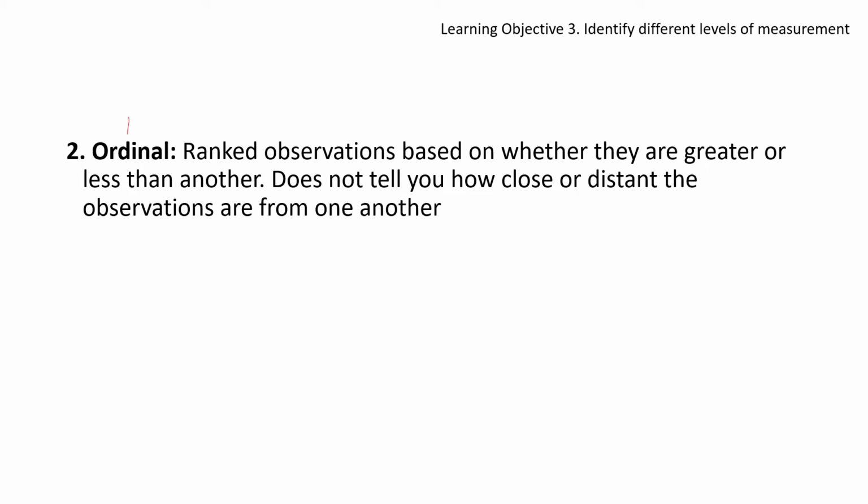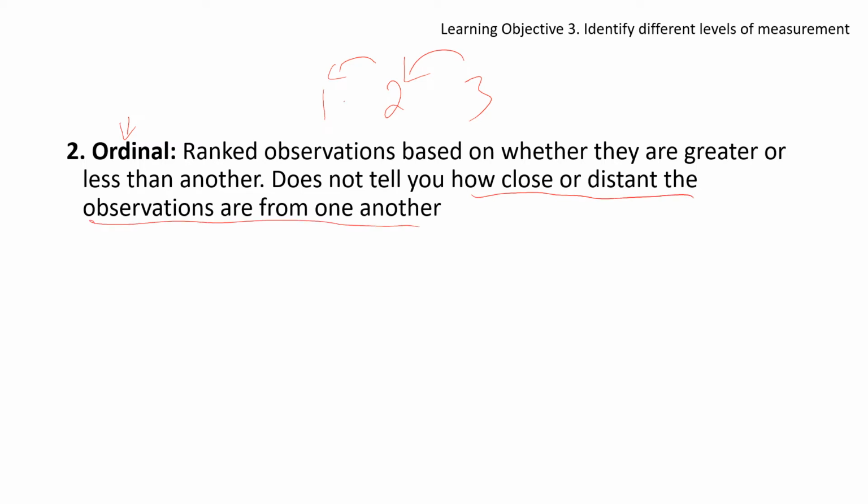That's where you get this ordinal or order. If you have a 1, a 2, and a 3, you know that 1 is less than 2 and 2 is less than 3. The important thing is, though, with an ordinal, it doesn't tell you how close the observations are from one another.